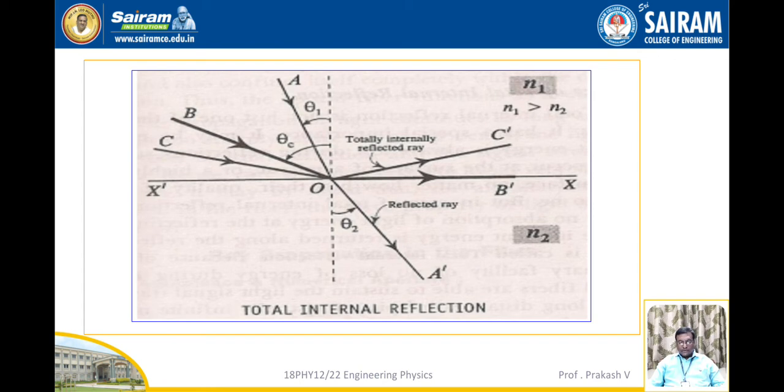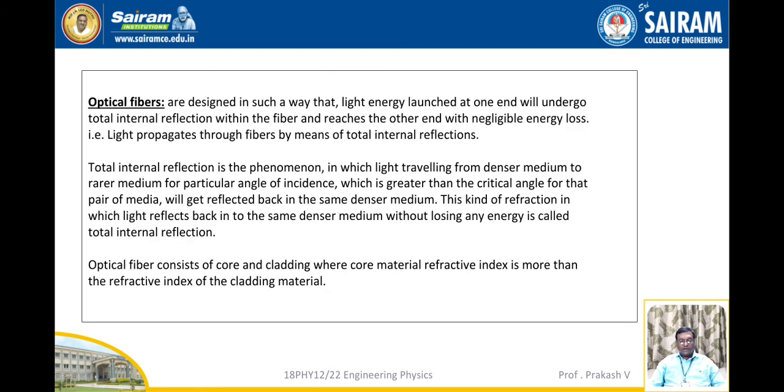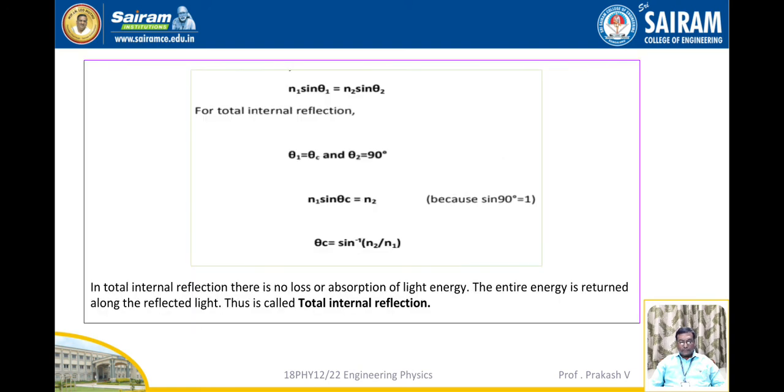Next slide. If we apply Snell's law for the incident beam 1, we can write n1 sin theta 1 is equal to n2 sin theta 2. For the second beam, theta 1 is equal to theta c and theta 2 is equal to 90 degrees.